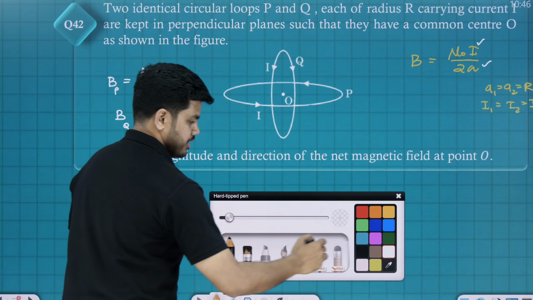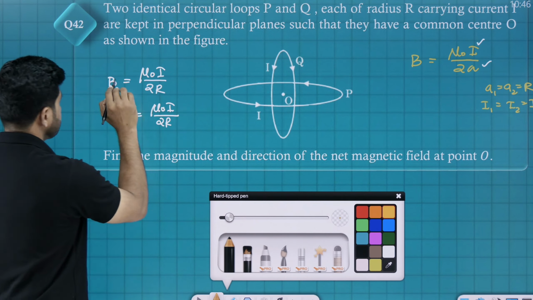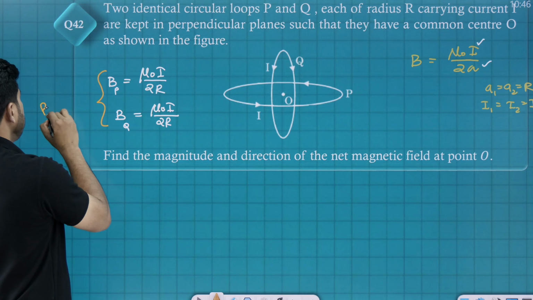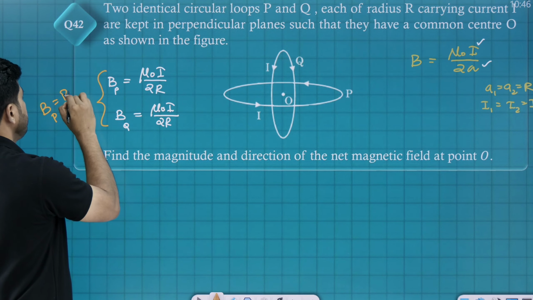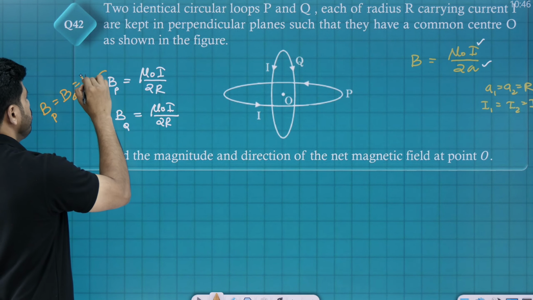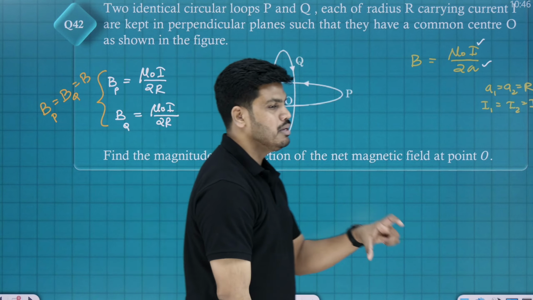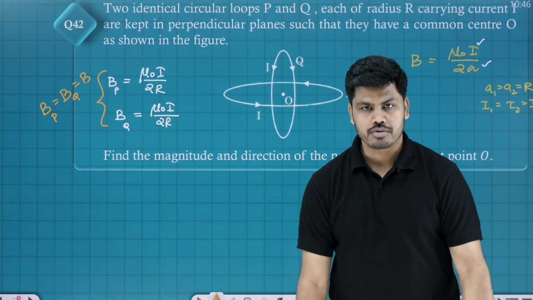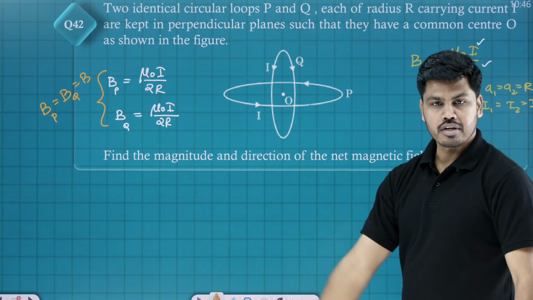Okay, at the center. Now, the conclusion from this discussion: BP is equal to BQ is equal to B. Right? I am going to take BP and BQ as just a value B, because we have to find out the resultant.